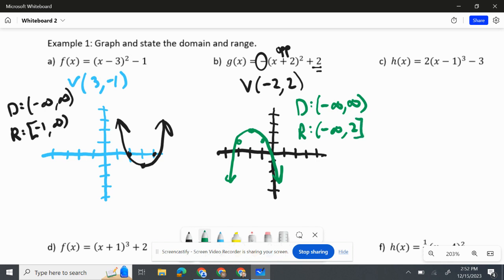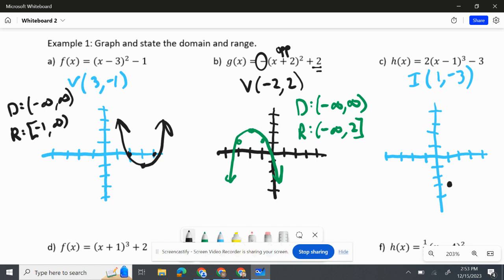Now, if you look at letter C, what we have is a cubic. So instead of a vertex, we call it an inflection point. It's the center point, 1, -3. It's going to be similar to what we did on the last two, but if you remember with the parent equations, they're going in opposite directions. So we're still going to look at our A value. We have 1, -3, and our A value is 2.